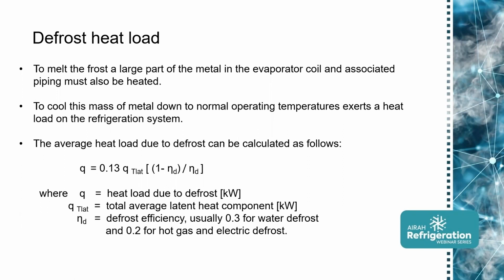Q equals 0.13 Q T-lag multiplied by 1 over eta D, with Q being the load due to the defrost, Q T-lag being the total average latent load component of the total heat load, and eta D being the defrost efficiency. For water defrost, that value is 0.3, and for hot gas or electric defrost it is 0.2.